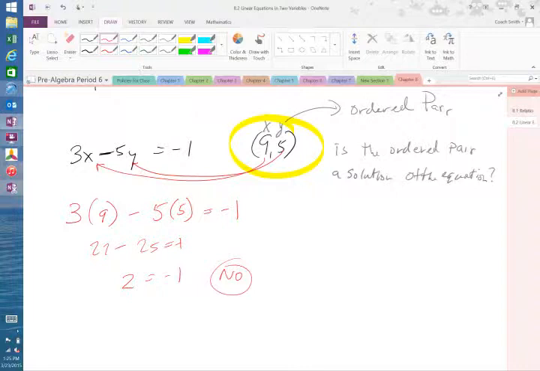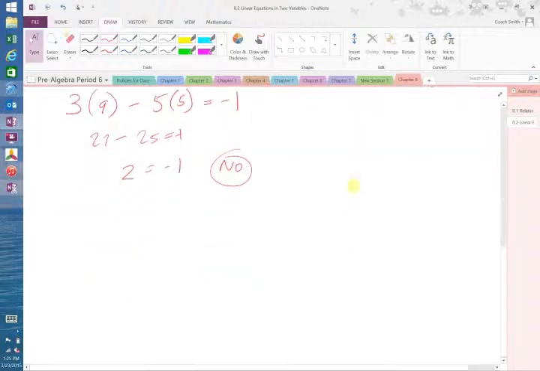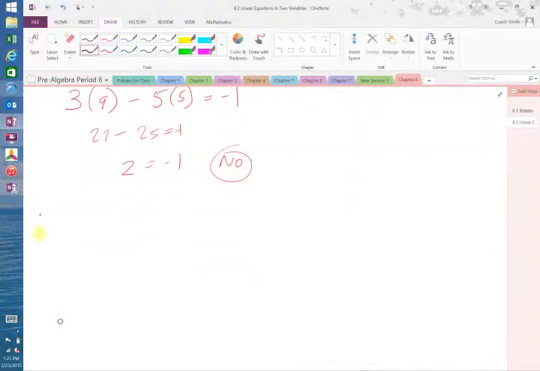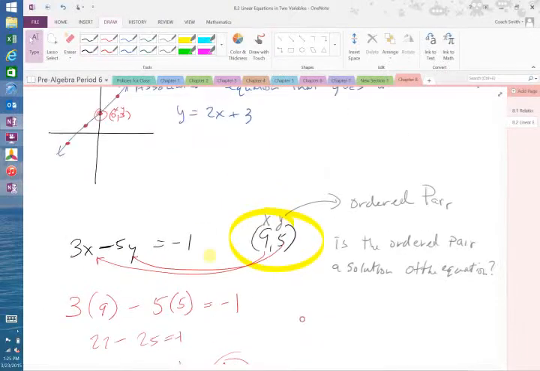Okay. Now, that's one way to do it. The second way to come up with the solutions, number 2, let me go ahead and put this number 1 right here.